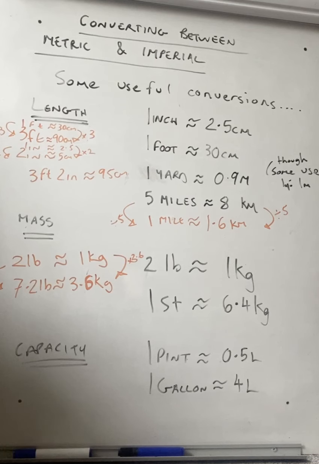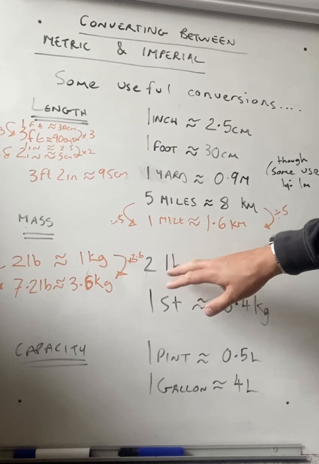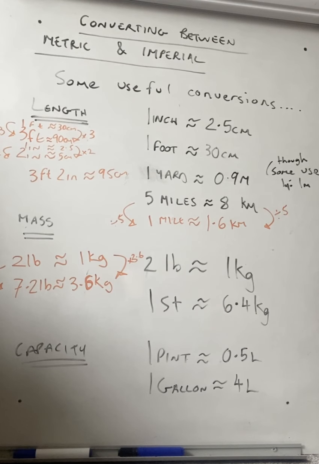Okay, and that is how we use our conversions. Now, there's lots and lots of conversions, like I said to you before. These are just some common ones that give you a bit of familiarity and kind of to do with size. We talk about our weight quite often in stones and pounds, so I wanted you to get a rough feel for what a stone is in terms of weight.